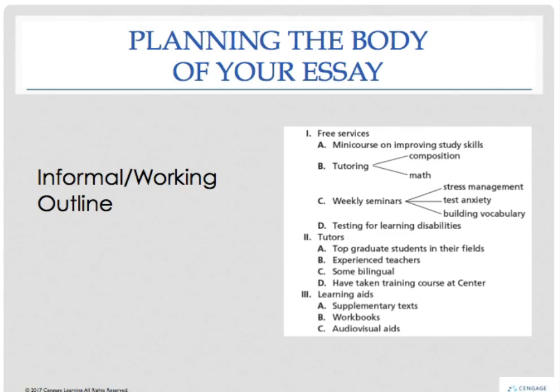The student plans to talk about many courses on improving study skills, tutoring, specifically composition and math, weekly seminars, specifically stress management, test anxiety, and building vocabulary, and then testing for learning disabilities. He's got another couple of headings with paragraphs below them, but looking at example 1, free services, we can see that there's going to be at least 3 paragraphs that encompass all of this information.